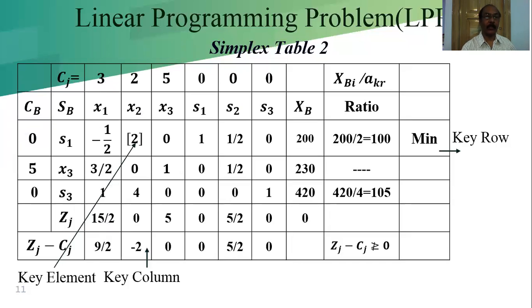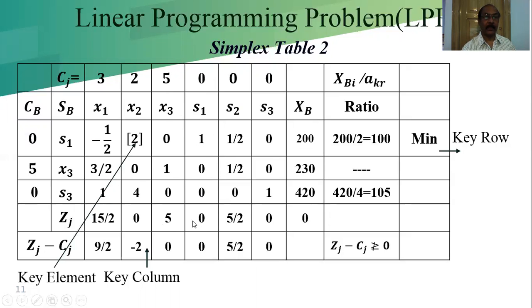So 0 minus 2 is minus 2. Like that, we can calculate all the values. 0 into 0, 0, 0 into 1, 5 into 1, that is 5, and 0 into 0. So ZJ is 5, and 5 minus 5 is 0, that is ZJ minus CJ.